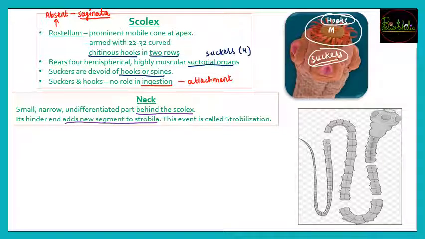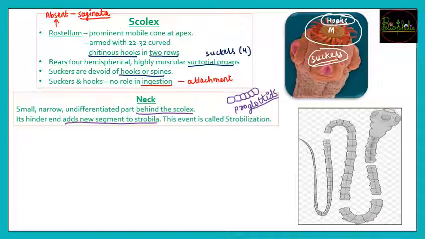So जैसे हमने पढ़ा था about tapeworms. So tapeworms, what they are going to have, they are going to have many small segments that are called proglottids. What are they called as? Proglottids. These proglottids are going to be nothing but the false segmentations. So these proglottids need to be added.